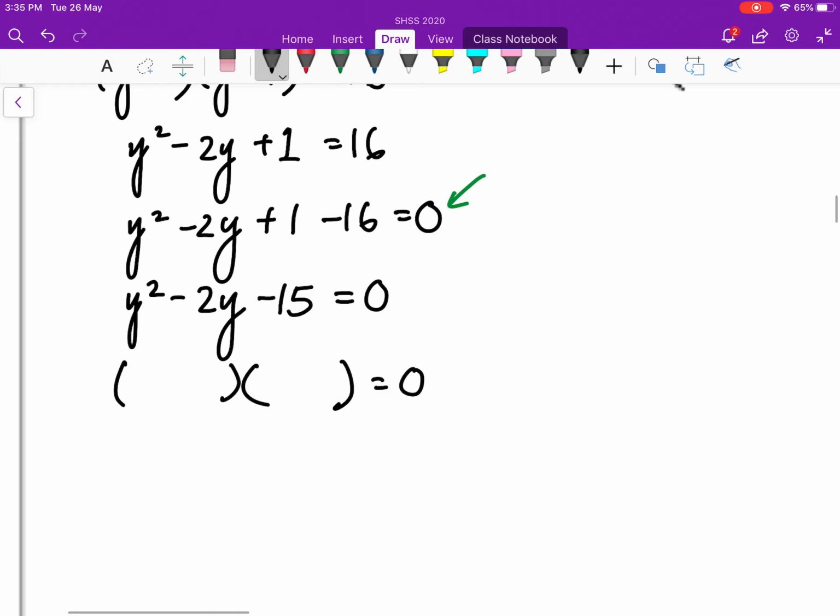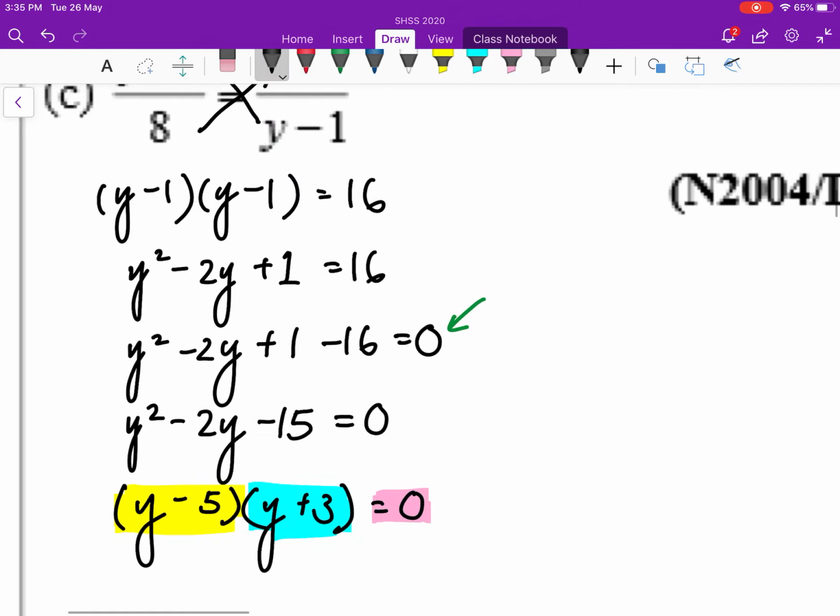Factorize. This is y, y, and I would do 5 and 3. Now, minus 5y plus 3y will give me minus 2y. So from here, yellow color times blue color equals 0. I can do my magic. Whatever I do on top is to get me to this stage where I have yellow color times blue color equals 0.